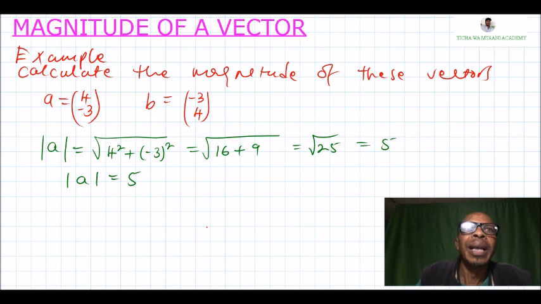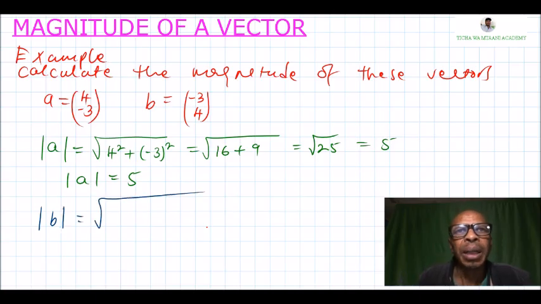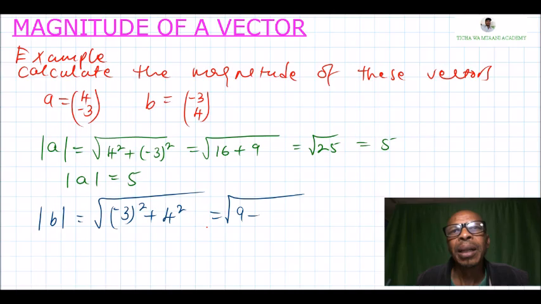Now we have the second one. We have the magnitude of B is equal to the square root. We take the components: (-3) squared plus 4 squared is equal to the square root of 9 plus 16.